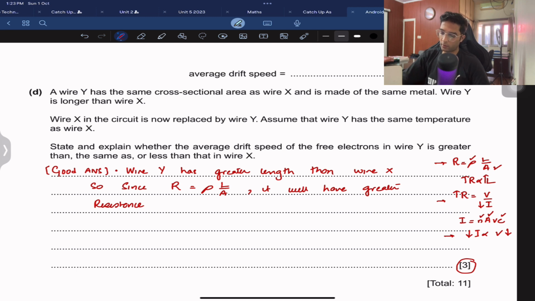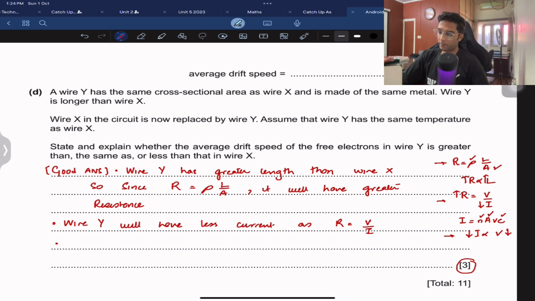Then in the next point, I'm going to say wire Y will have less current as resistance is equal to voltage over current, right?